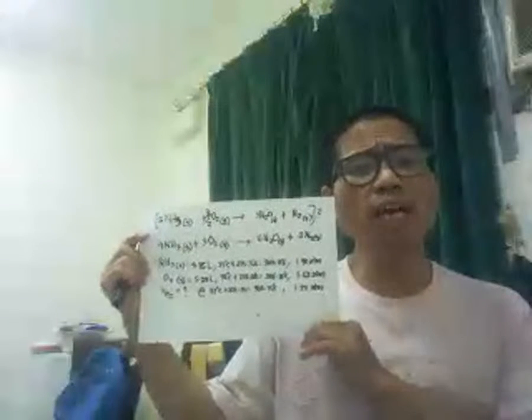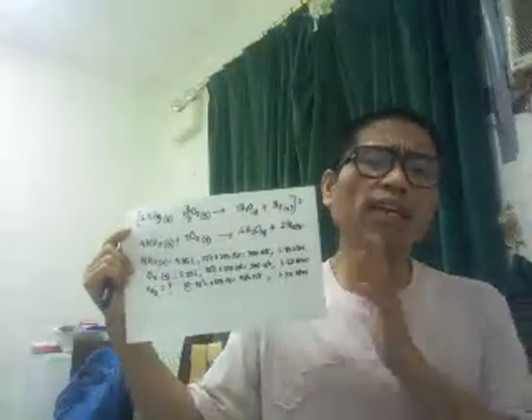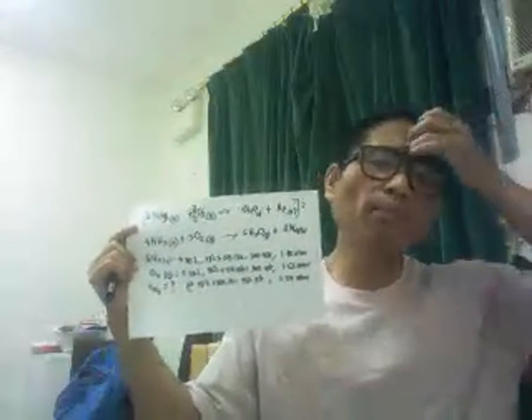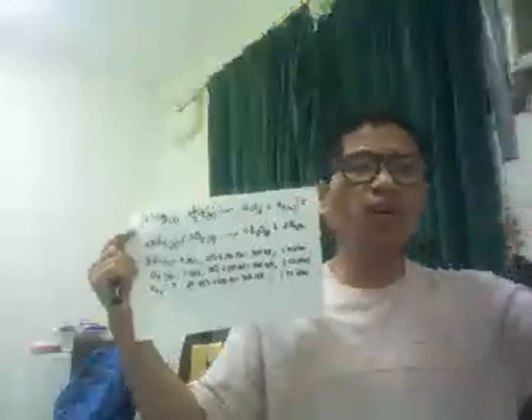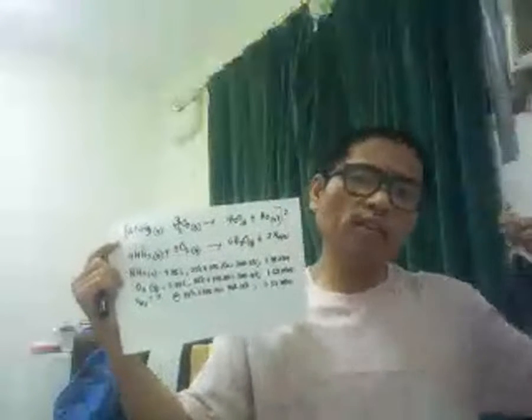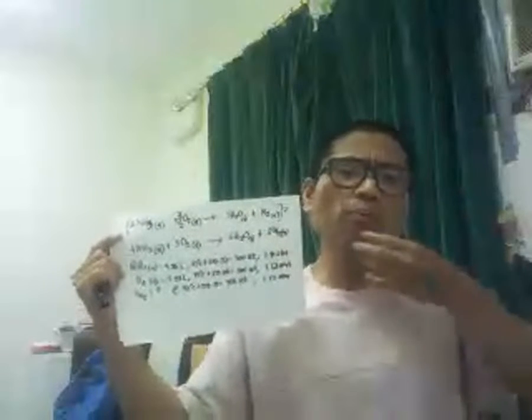Take note, there are 2 reactants and 2 products. Normally the combined gas law will be applied only if there is 1 reactant and 2 products, or 2 reactants and 1 product. So you can put that reactant as your 1 and your product as your 2.